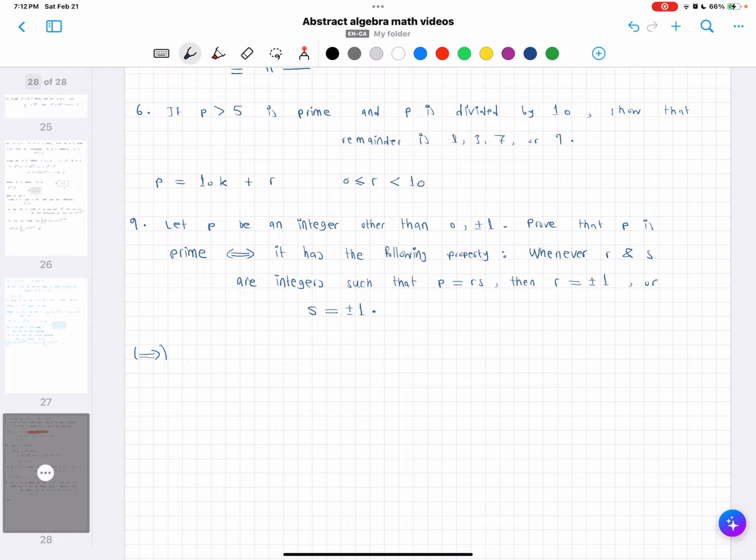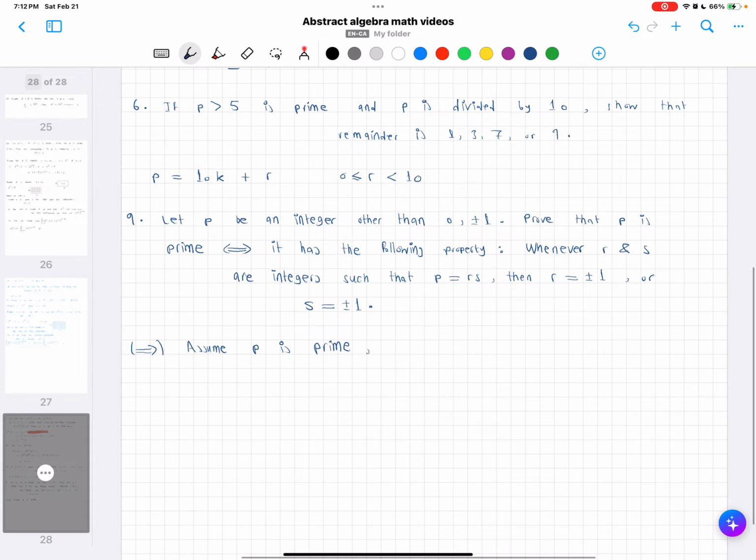So assume P is prime. So if P is prime, then its only factors are plus minus 1 or plus minus itself.